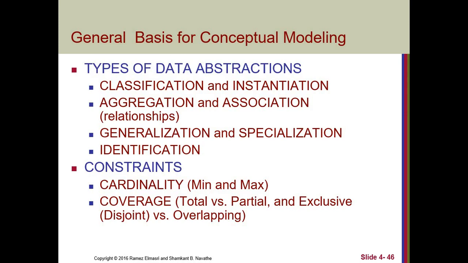Classification creates smaller and smaller attributes. Think back to your biology courses. Instantiation is the reverse of classification. Similarly, the remainder of these concepts are discussed in great detail in your course textbook on pages 130 and 131.